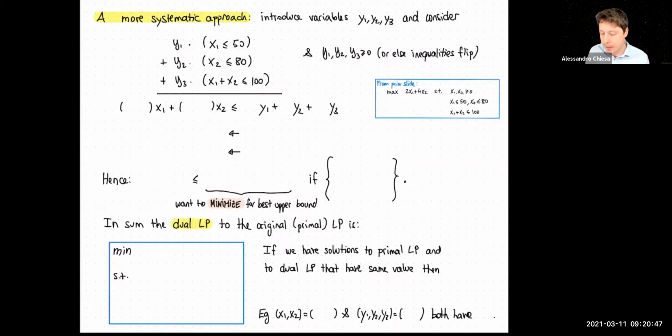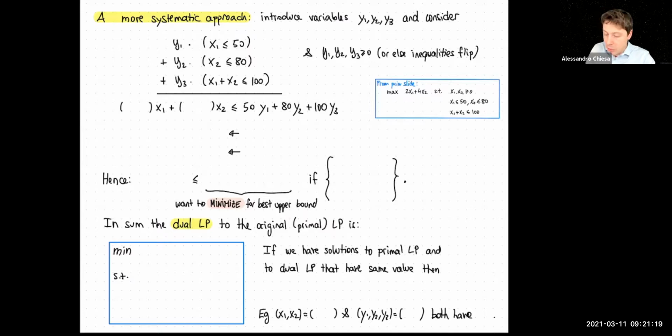And now I can generically try to see what expression I get by multiplying the first constraint by that generic variable, and so on and so forth. So if I sum up these three constraints, on the right-hand side, it's pretty clear what I'm going to get: 50 times y1, 80 times y2, and 100 times y3. On the left-hand side, I'm going to add up things and collect by x.